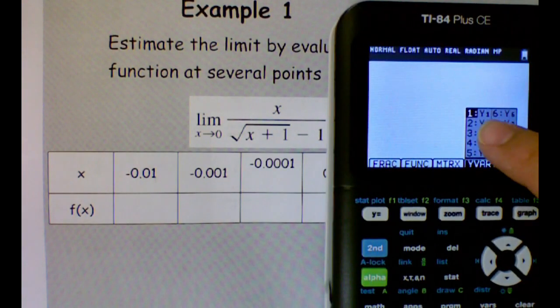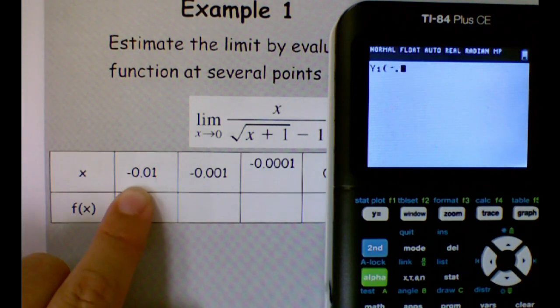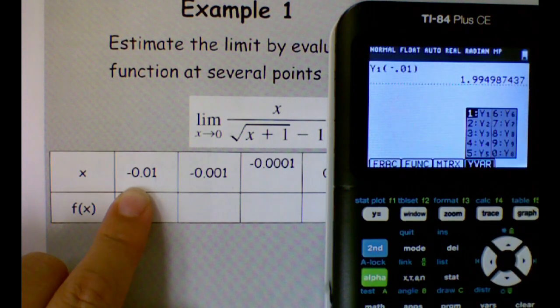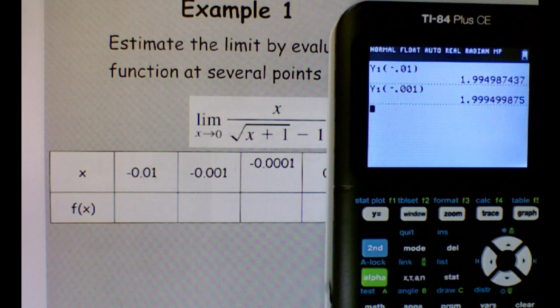I type that function into y1, and in parentheses, just like function notation, I'll put my x value, negative 0.01. And there's my function value. Now to get the next one, I just go alpha, y1, negative 0.001. And it gives me that value. Way easier than having to type it in every time.